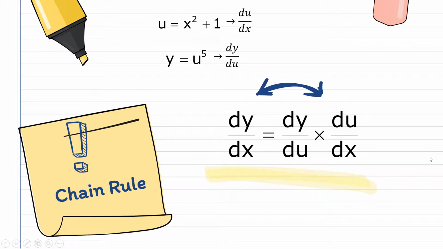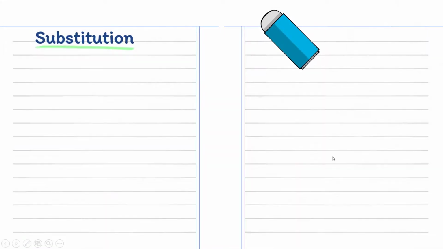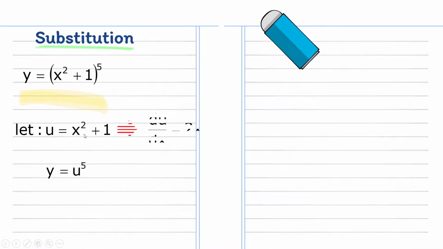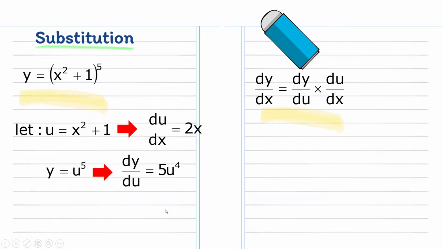Let's continue to solve the problem. We now have x squared plus 1 and u to the power of 5. The result of differentiating the single functions is du/dx, which is 2x, and dy/du, which is 5u to the power of 4. The next step is to chain them together, becoming dy/du times du/dx, which is 5u to the power of 4 multiplied by 2x.